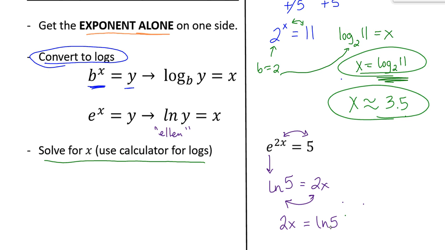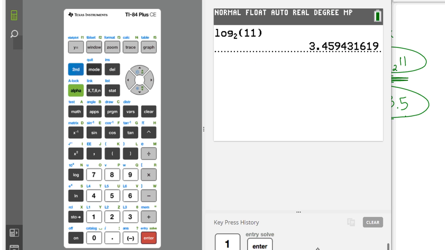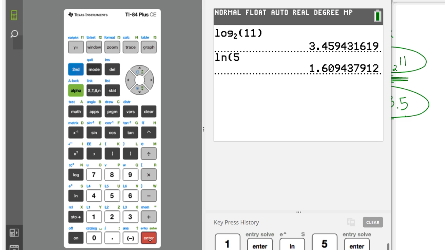ln of 5. Okay, back to that calculator. If you'll notice this button right here, that red one says ln, and you could type in a 5 and hit enter. That says it's 1.609. Let's just go with 1.6.